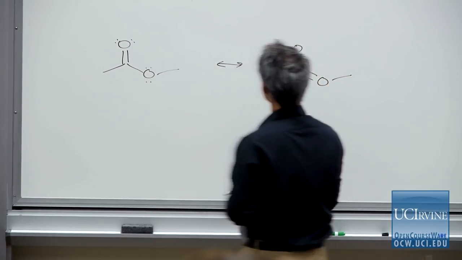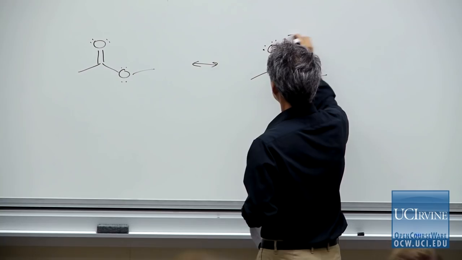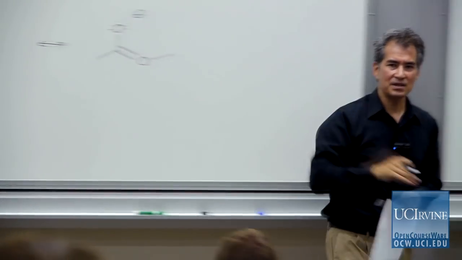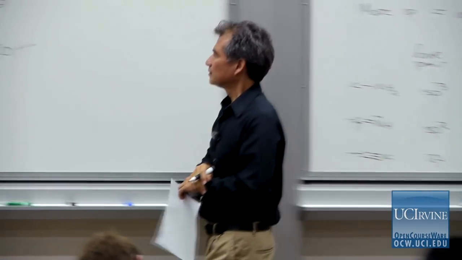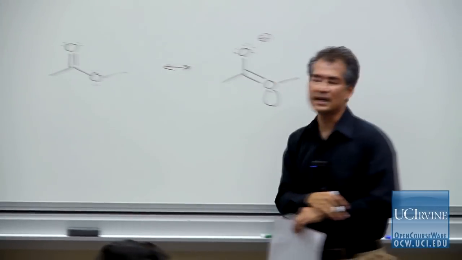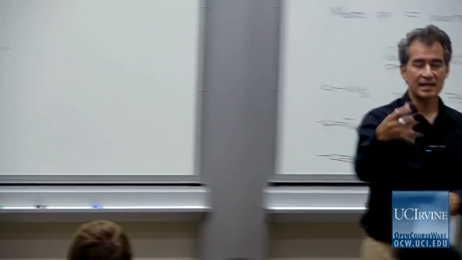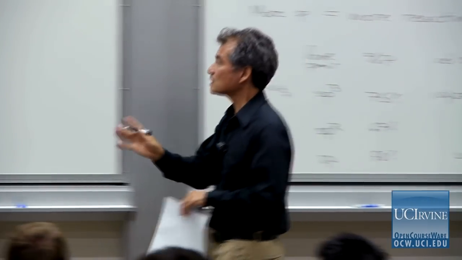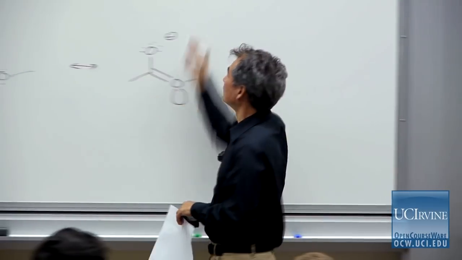Once we draw a resonance structure for this, we realize that these lone pairs up here are not really sp2. And this lone pair that I've got drawn at the bottom is not sp3. You can't think about the hybridization of these atoms until you've drawn the resonance structure.